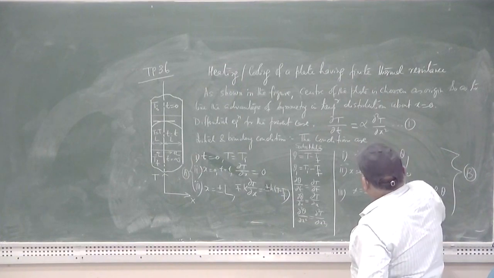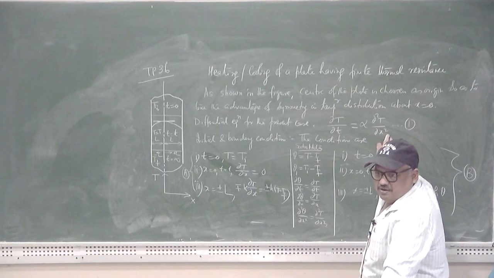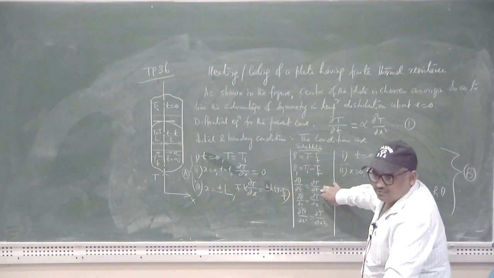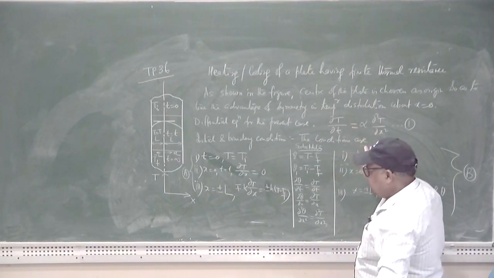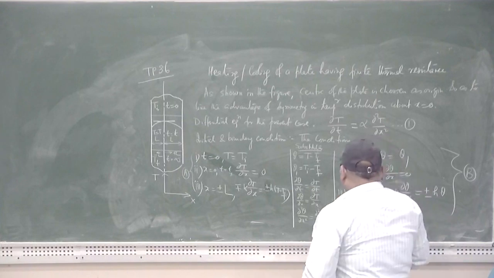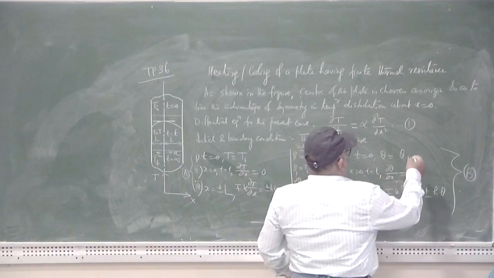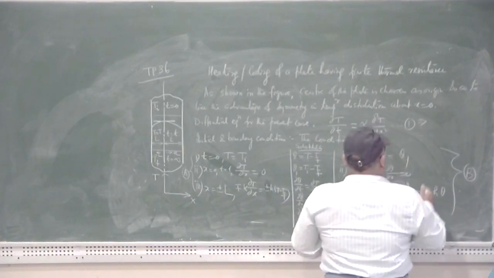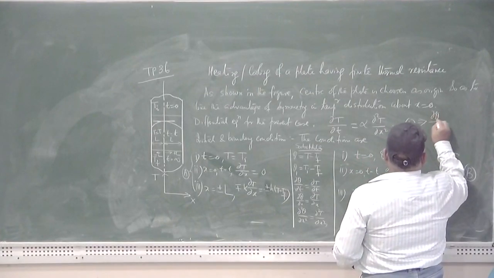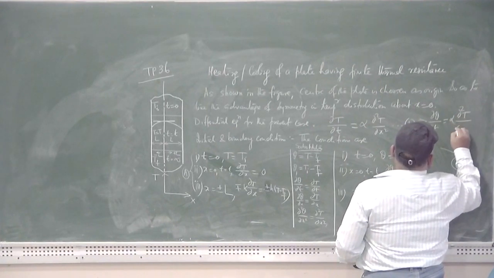Also, the governing differential equation, that is equation number 1, will also get changed if substitutions are made. So, what should be the format of equation number 1? That is also a thing of prime concern, and this equation can be transformed as d theta/dt equal to alpha d2 theta/dx2.